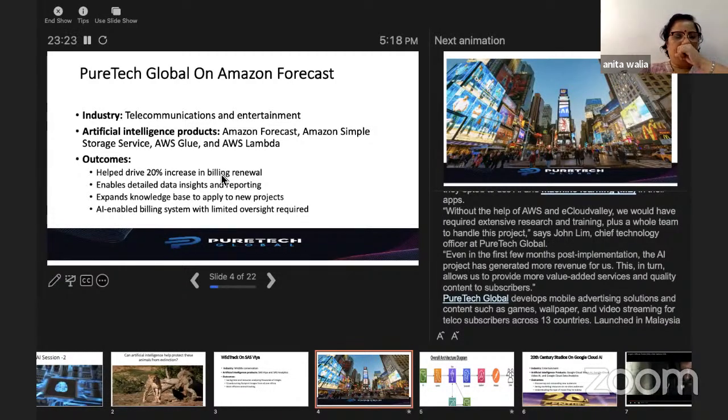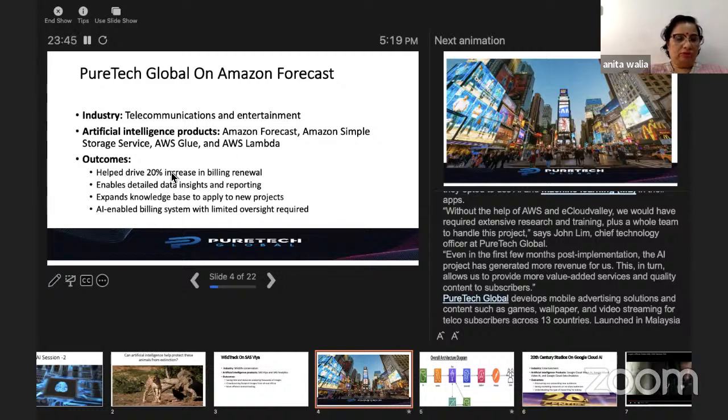So what they did is use products called Amazon Forecast on AWS, Amazon Simple Storage Service, AWS Glue, and AWS Lambda.